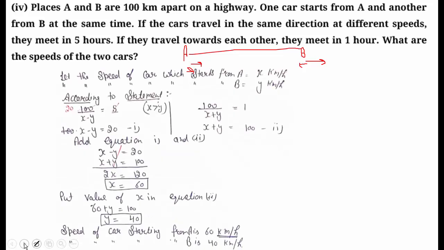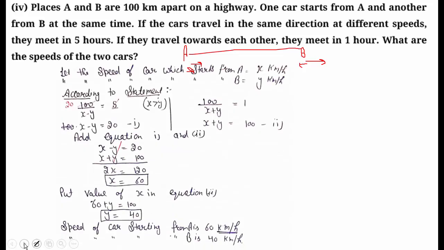Now let the speed of the car which starts from A be x km per hour and similarly from B be y km per hour. According to the statement, here we will use the concept of relative speed.